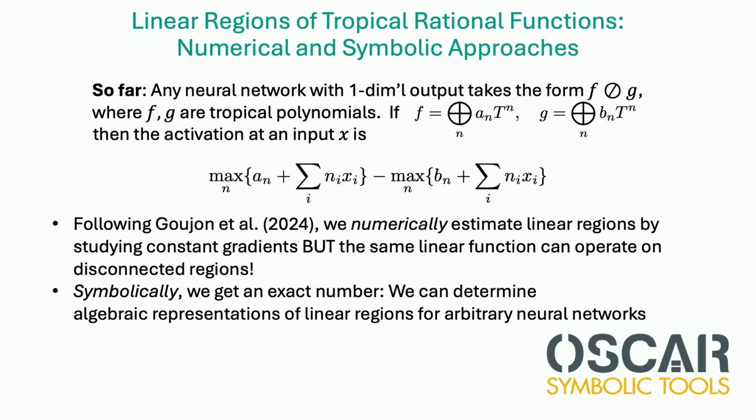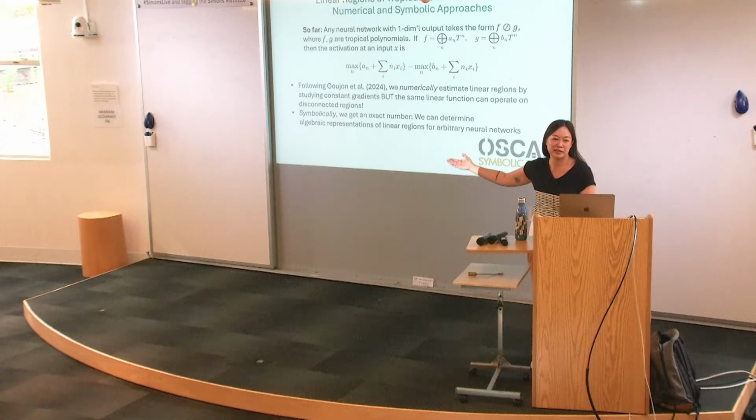From a computational complexity standpoint, are there any benefits to counting linear regions using tropical rational functions? Well, if you're looking at symbolic computation, you get exactness, so if you care about exactness, that's an advantage.